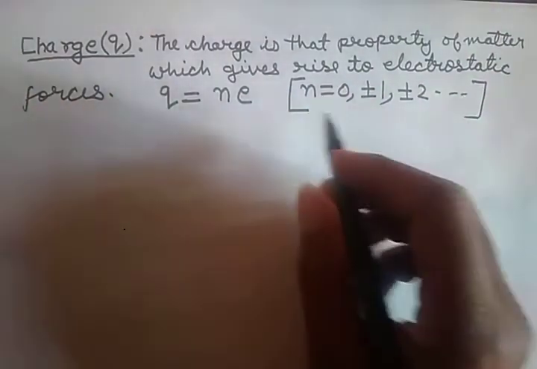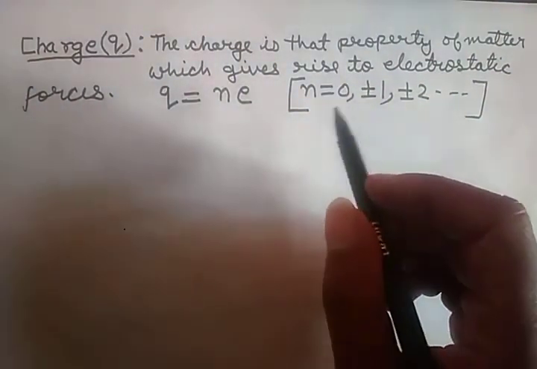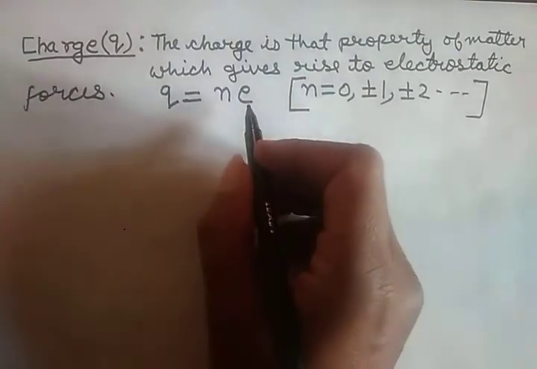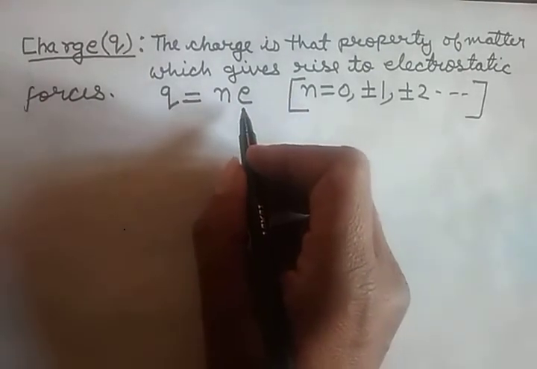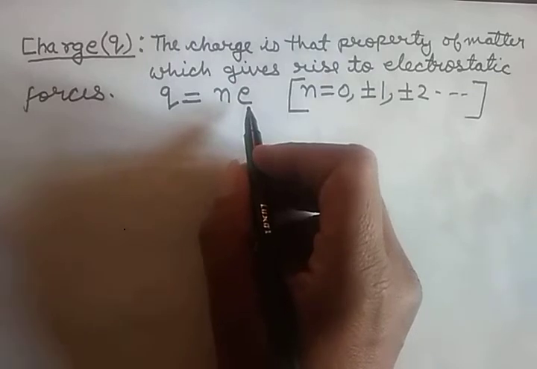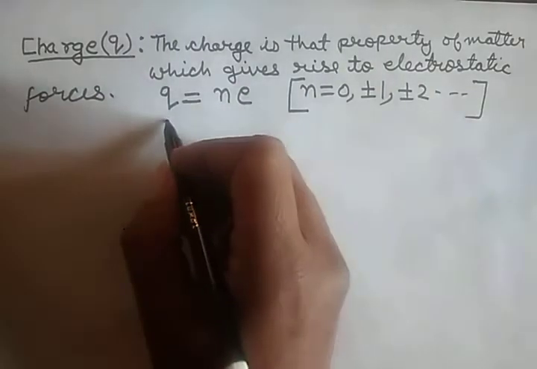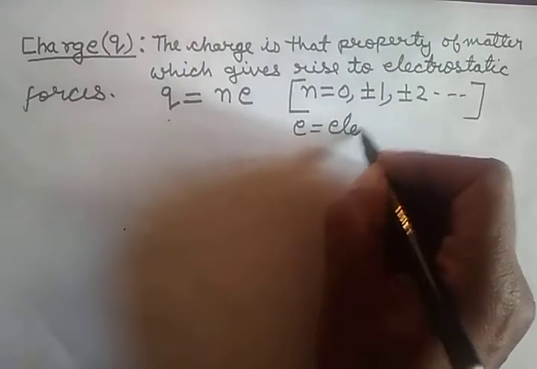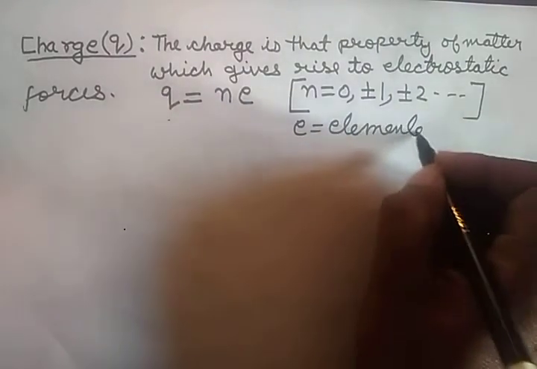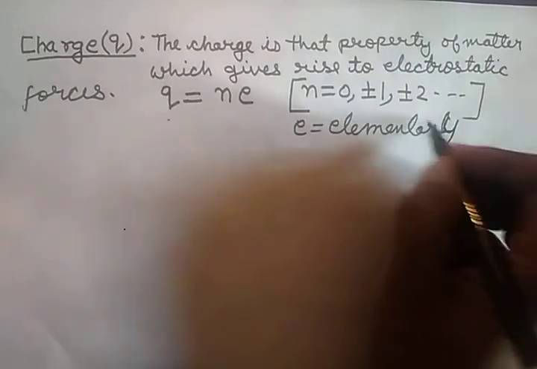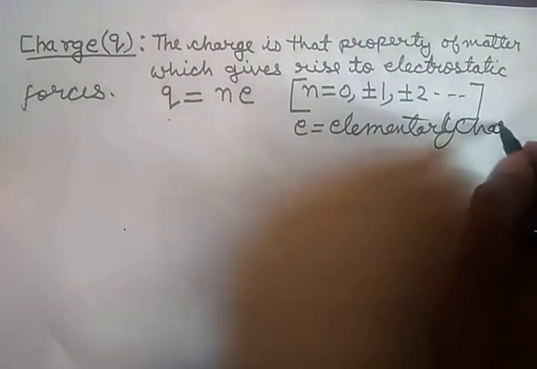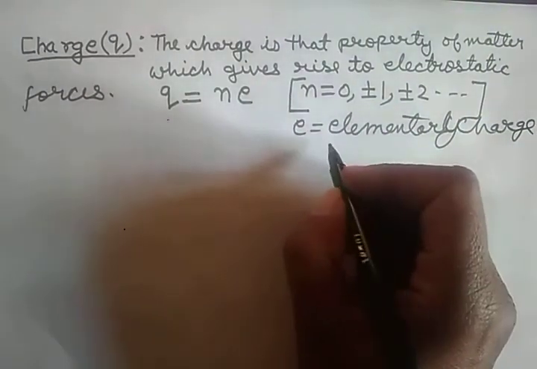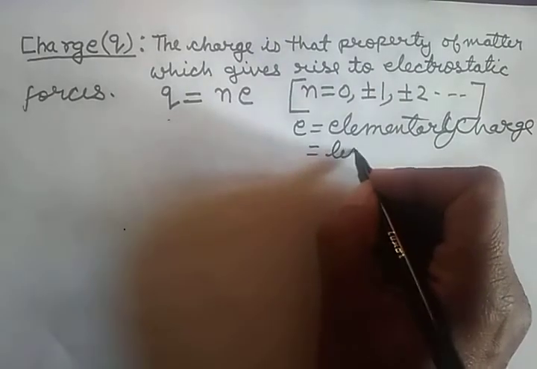So it is simply an integer, either positive or negative. And what is this e? Most students think that it is electron, but e is called elementary charge. What is elementary charge? It is the least possible charge.